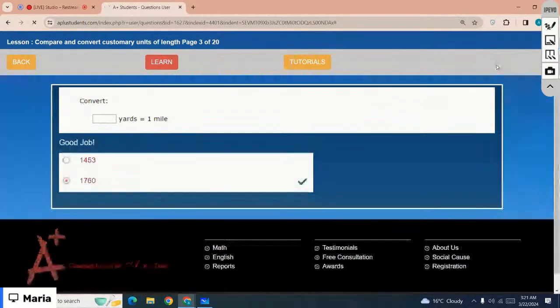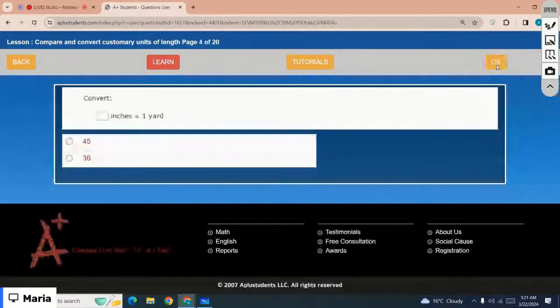Okay, convert 1 yard equals how many inches? Which is the correct option? 1 yard equals 36 inches, not 45.